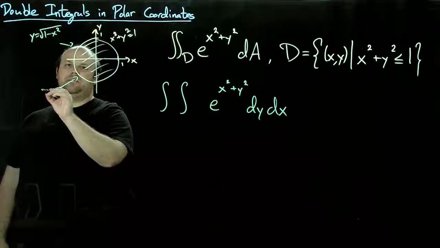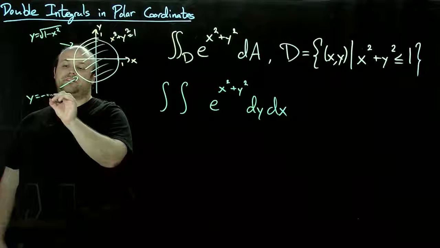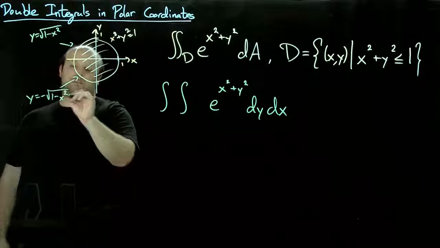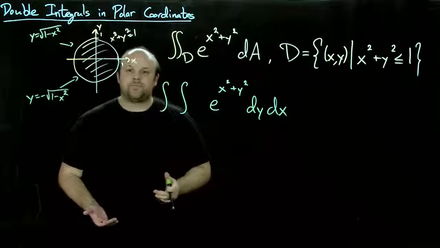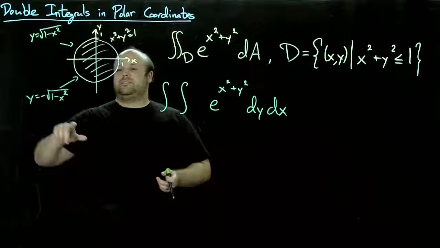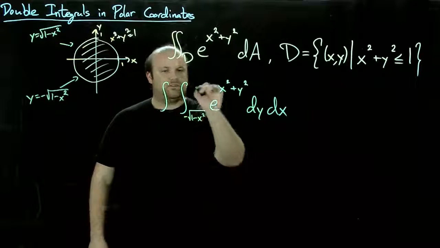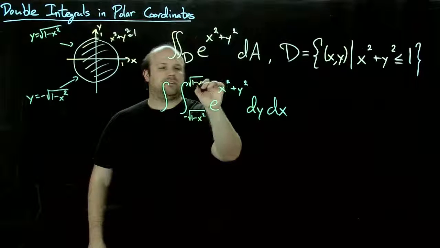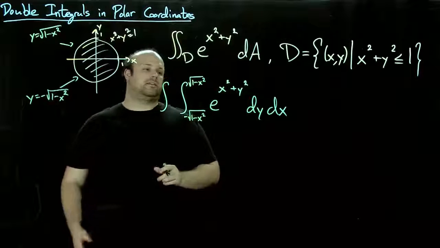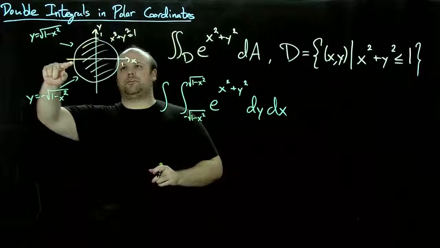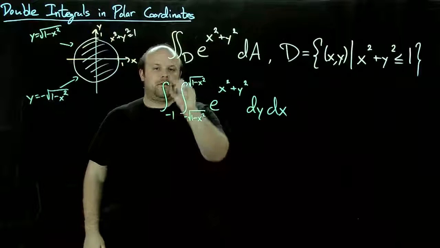The bottom half comes from y equals negative square root of 1 minus x squared. All right? So that means we have to integrate from negative square root of 1 minus x squared to square root of 1 minus x squared. Right? And then the x values come from all the way over here at minus 1 to 1.